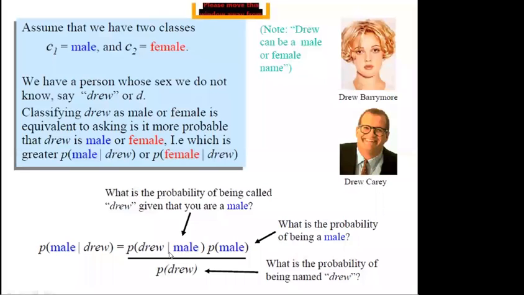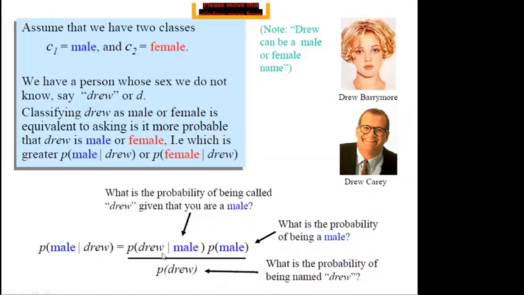How many persons are there by the name Drew? Males. That is the probability. Is it clear? This is our new data for which we are trying to calculate the probability of this being male. For that we need the previous data: probability of Drews being male, how many Drews are there as male.